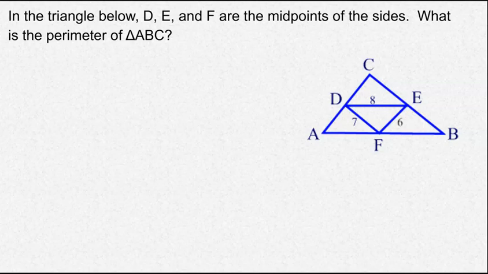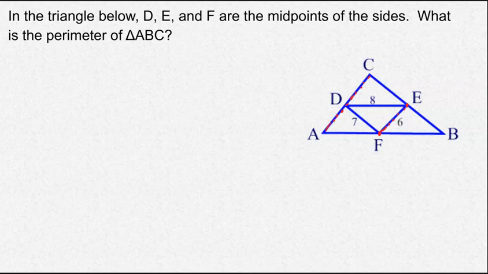This is a commonly asked standardized test question. It says the triangle below, DEF are the midpoints of the sides. What is the perimeter of triangle ABC? So let's get started. Remember, the theorem states that the line that connects the midpoints is half the line it is parallel to.